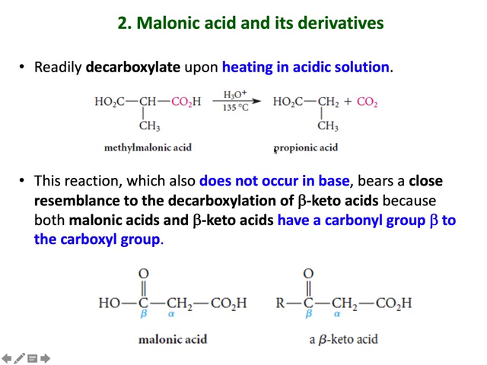Number 2, malonic acid and its derivatives. We decarboxylate using acidic solution and heat to form propionic acid, a carboxylic acid, from the malonic acid. This one is malonic acid.